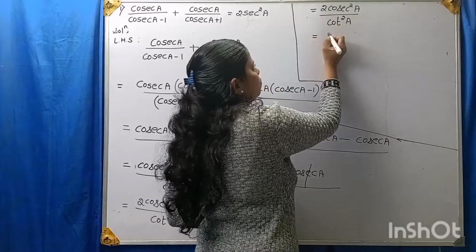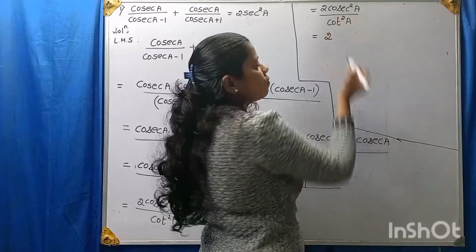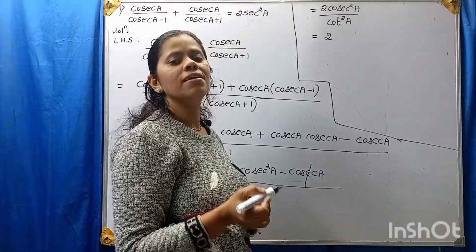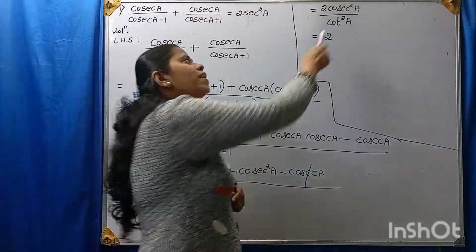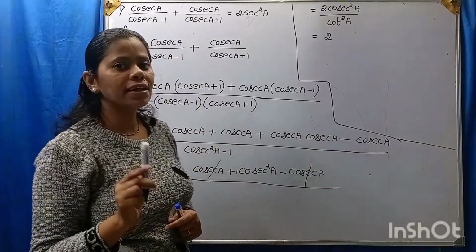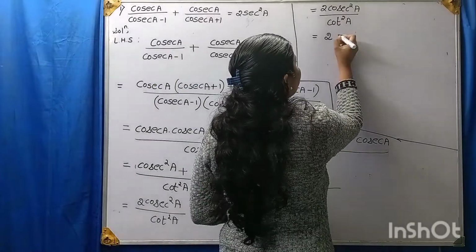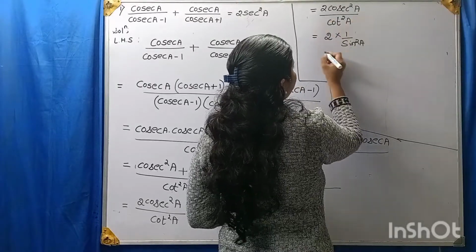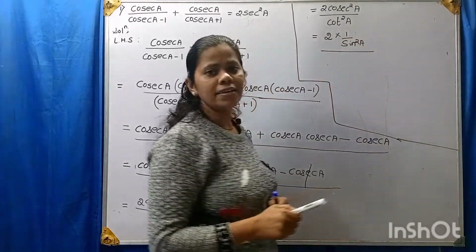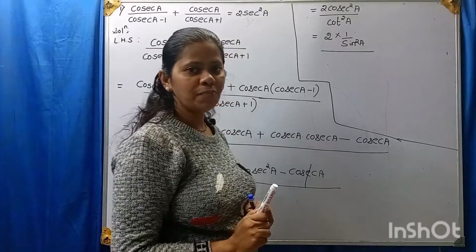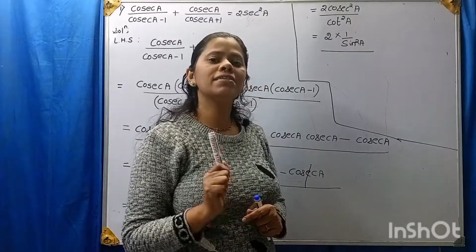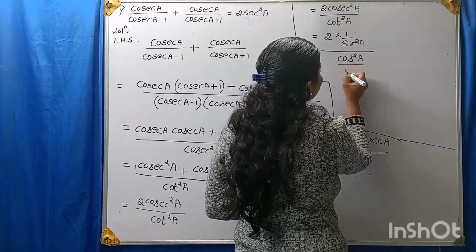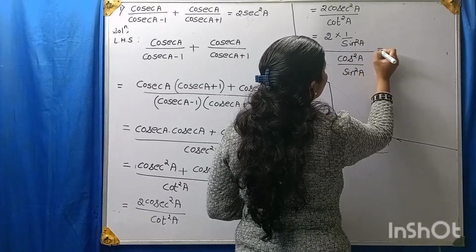Now here 2, let me write as it is. Cosecant square A, I can write it as 1 by sin square A, because we know that cosecant A is equal to 1 by sin A. Cot square A, I can write as cos square A divided by sin square A, because cot A is cos A by sin A. What will it become?